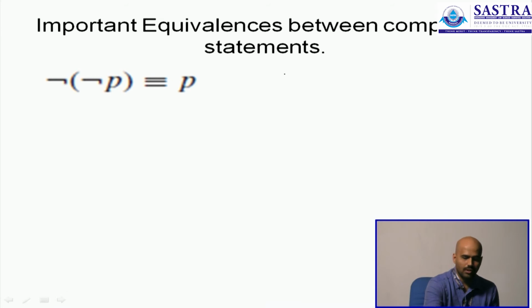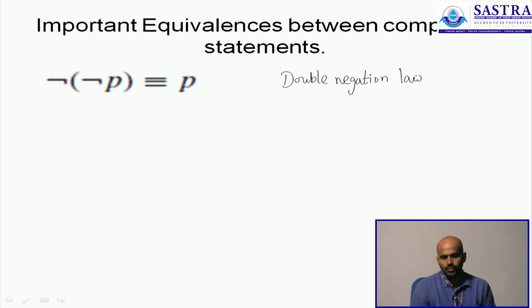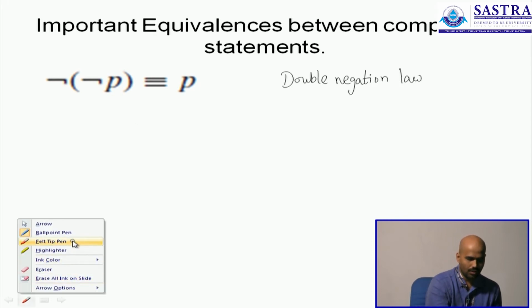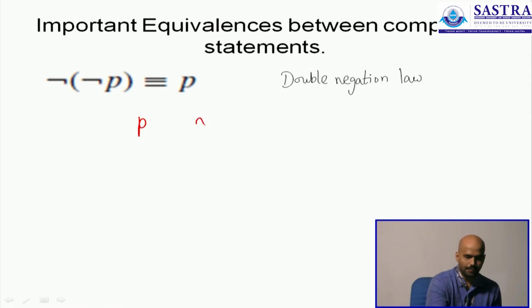And this is called the double negation law. So you find the negated version of the negated version of any statement P. Let's check this out, I will explain this. You have P, you have the negated version of P, and you have the negated version of the negated version.